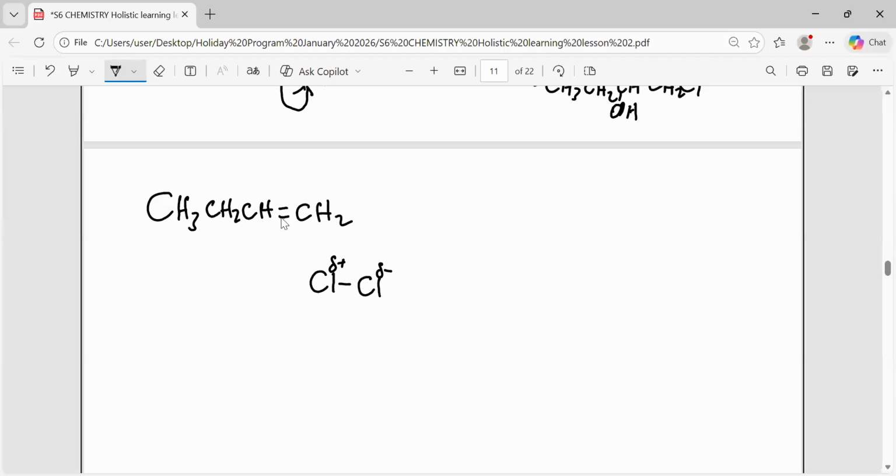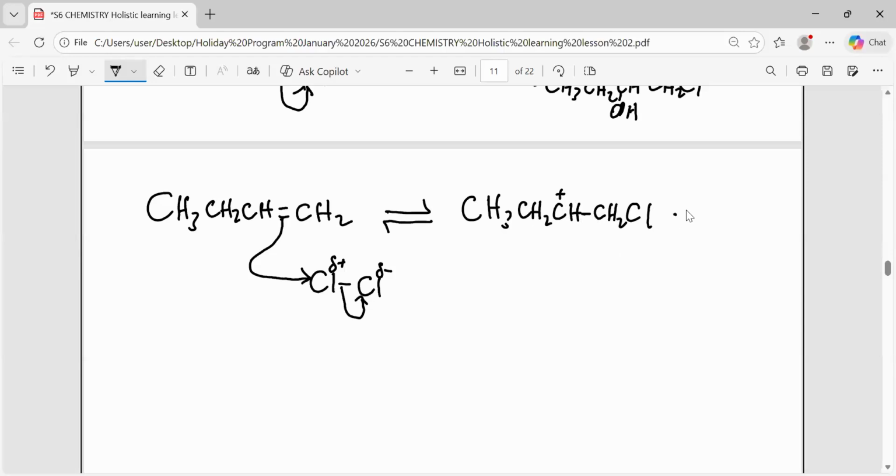So this double bond will come to this partial positive electrophile, and this one will also break. Then here we have our intermediate, CH3, CH2, CH single bond, CH2, and then Cl. And then this carbon atom becomes a carbocation, and then we have plus Cl.